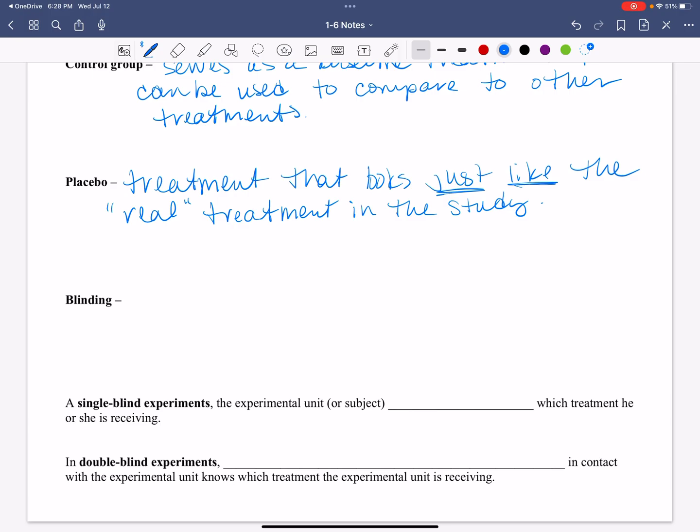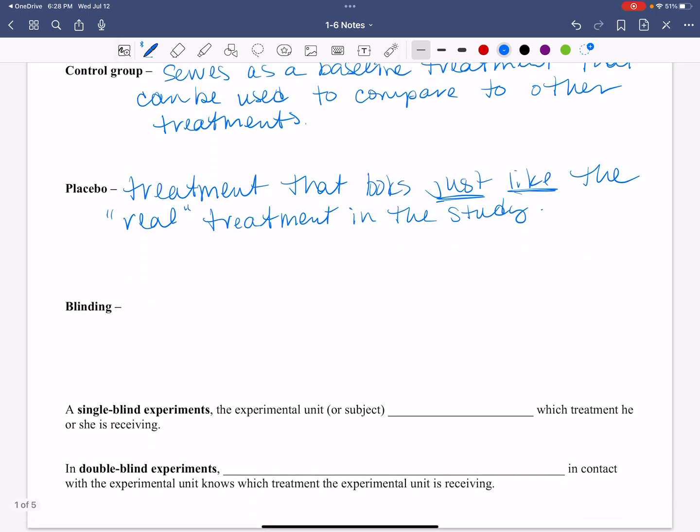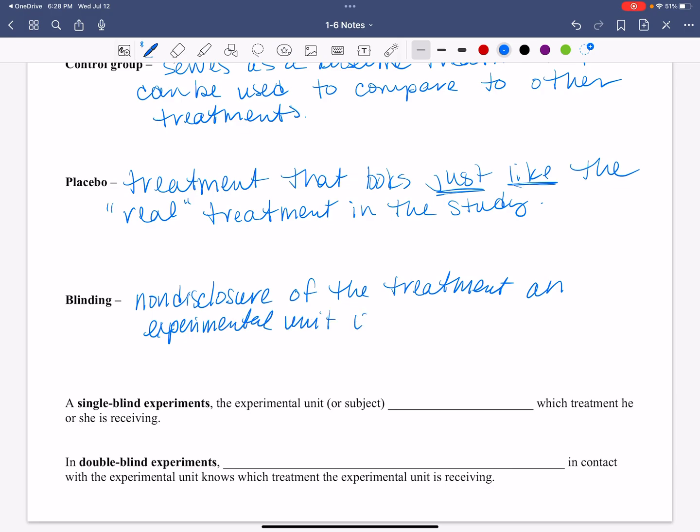All right, blinding. Blinding refers to non-disclosure of the treatment an experimental unit is receiving.